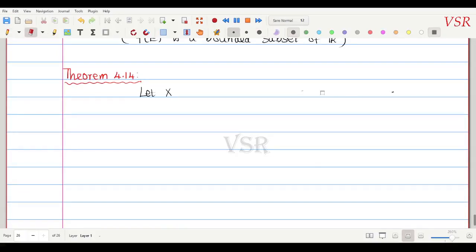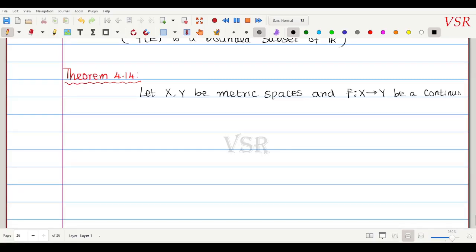Let X, Y be metric spaces and f from X to Y be a continuous function. Okay, X, Y be metric spaces and f be a continuous function.